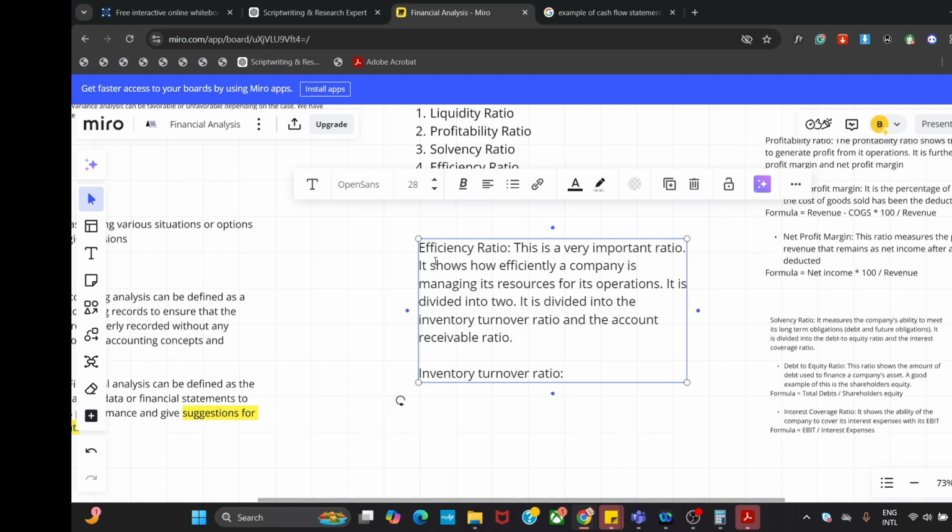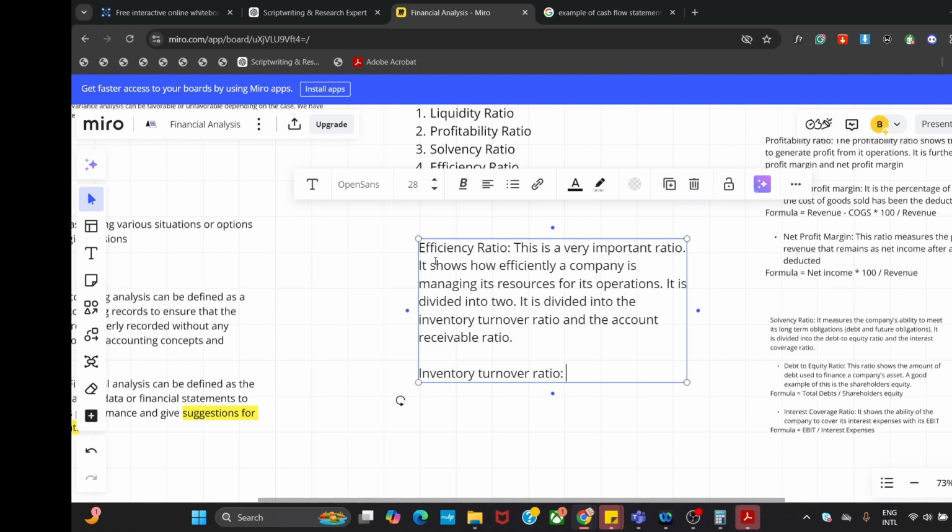Now, when we talk about the inventory turnover ratio, this ratio indicates how many times the inventory is sold and replaced. You know that another name for inventory is stock. It shows how many times the stock of a company is sold and replaced over time.